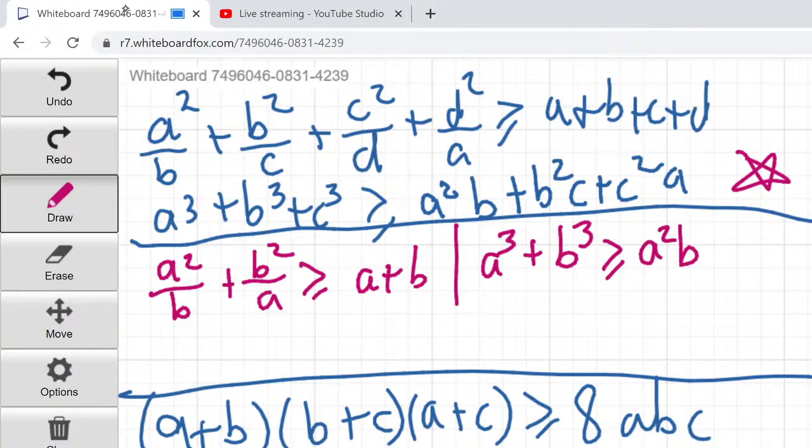Okay, so a cubed plus b cubed is greater than or equal to a squared b plus a b squared, right? Yeah.